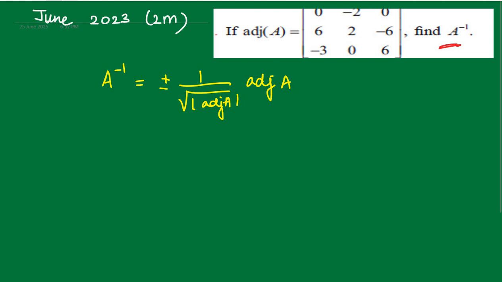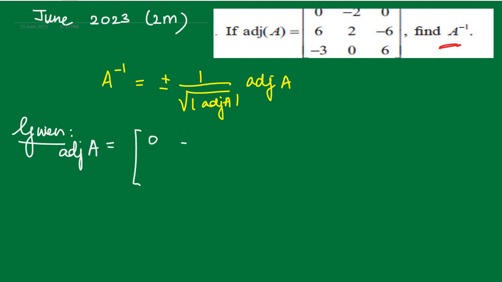Now let us write what is given. Given A is equal to the matrix 0 minus 2 0 6 2 minus 6 minus 3 0 6.